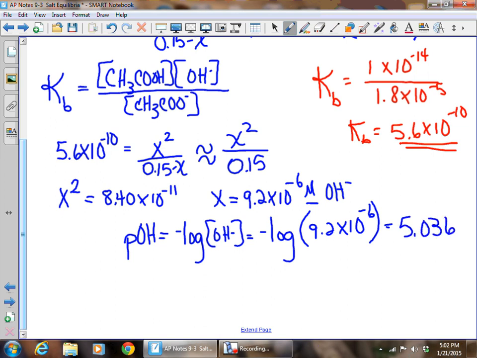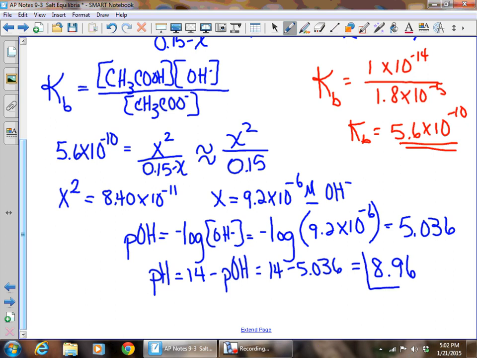I've got more sig figs than I need, but I don't want to round too much till I get to the end. Remember, pH then is going to be 14 minus pOH, which is going to be 14 minus the 5.036, and we end up, to the 2 sig figs that we need, remember, they don't count until they're after the decimal, with 8.96 for the pH of this solution. So again, the only thing you do different, you get that equation and you find a new K, and that's the only difference in our salt equilibria.